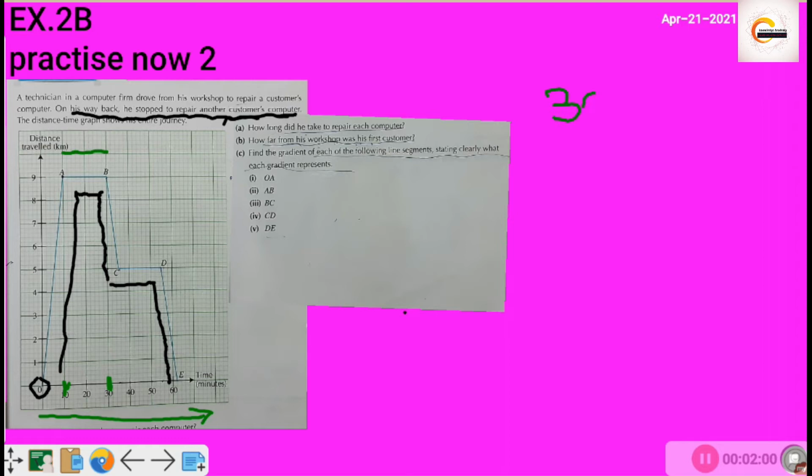All we have to do is subtract 10 from 30 and we will have our time. So 30 minus 10 is equal to 20 minutes. This is the time he took to repair the computer.